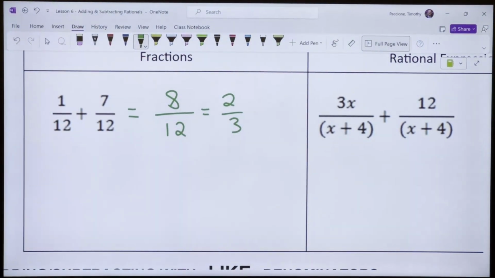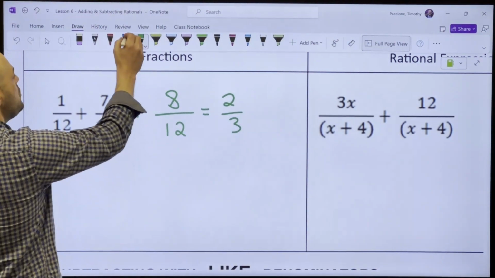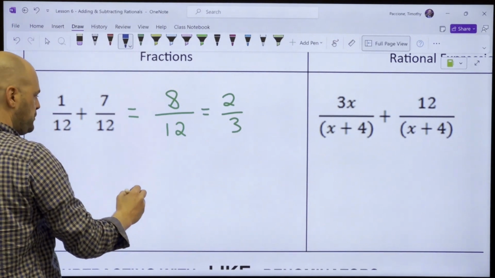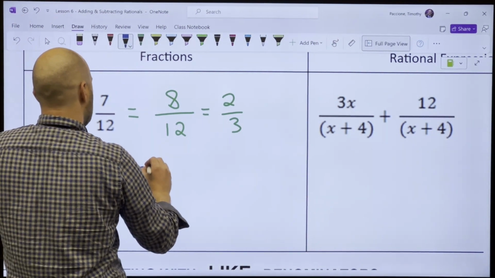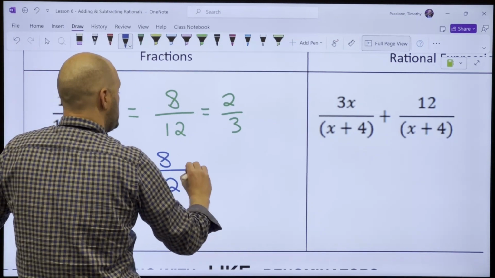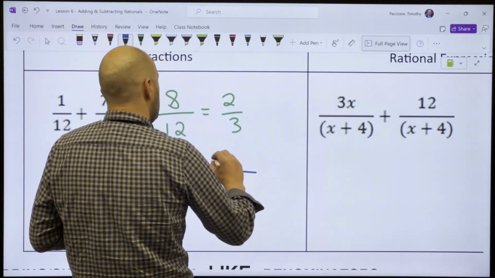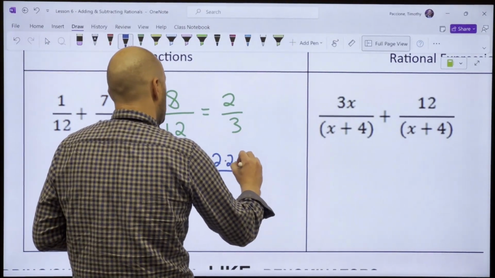What I want you to do is shift your thinking a little bit. It's the same process, just a little different. And when you get to this point, right, I want you to break them down. So 8 breaks down into 2 times 2 times 2.